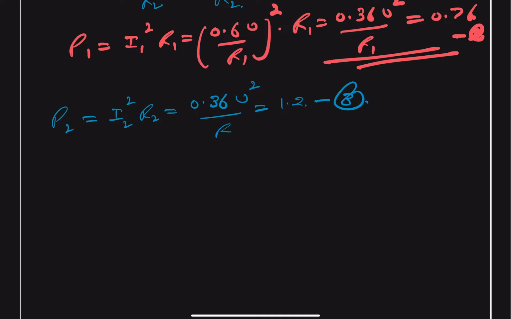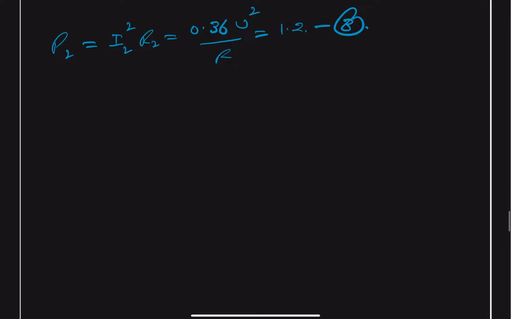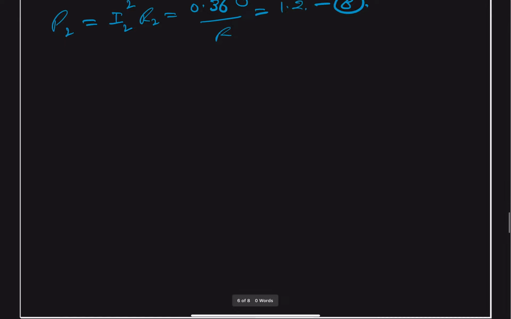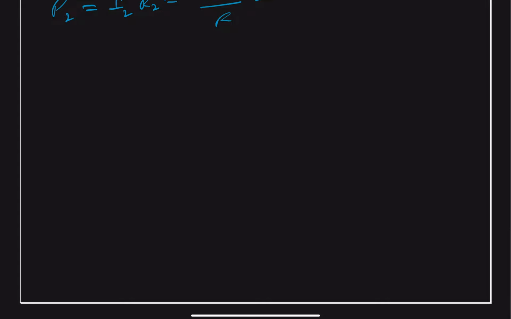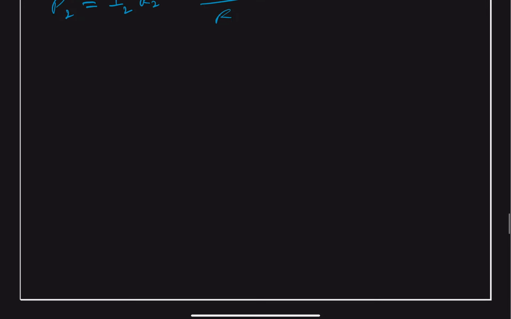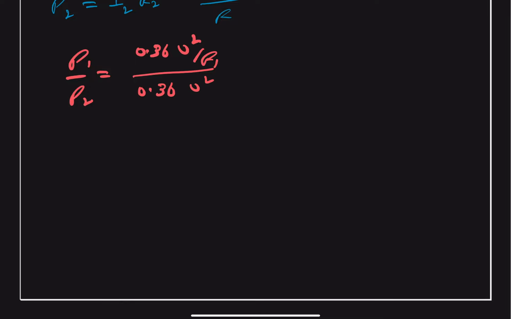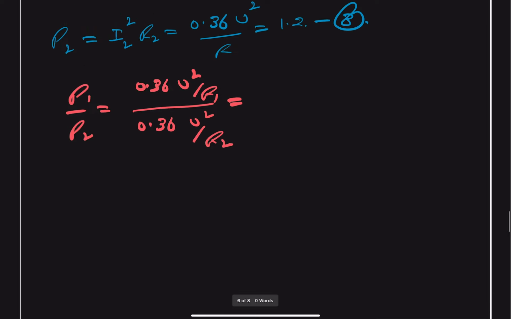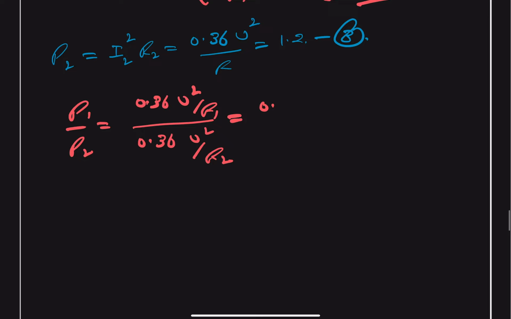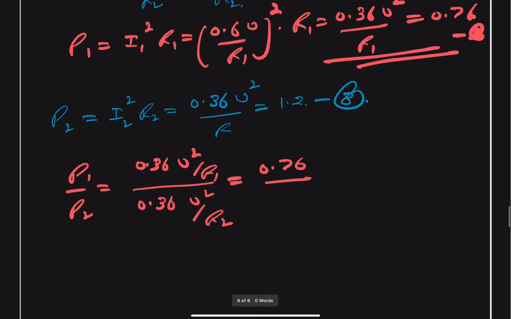And now we can use the relationship and try to solve and find the values. First of all, let us divide P1 by P2. P1 divided by P2 is equal to 0.36 V square upon R1 divided by 0.36 V square upon R2, which equals 0.76 divided by 1.2.